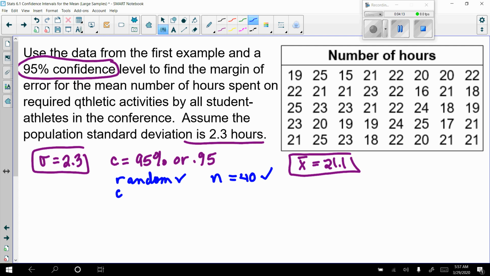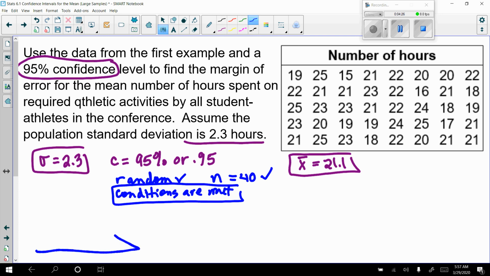Okay, so the conditions are met. So that means we want to have 95% confidence that it's within this range, so we need to find negative C and positive C.